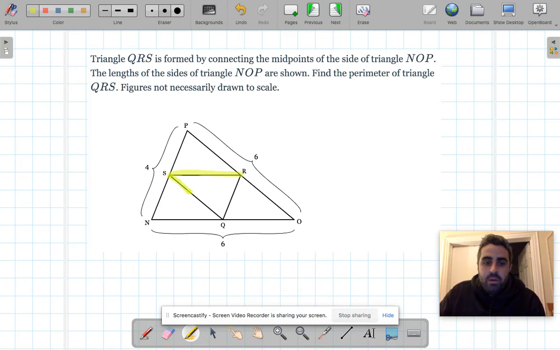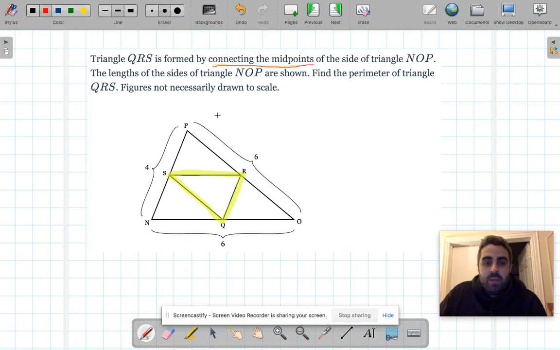So we need to know sides SR, SQ, and QR. And we know that these are midsegments because it says it's formed by connecting the midpoints. So we're connecting these midpoints, so we know that these are midsegments.